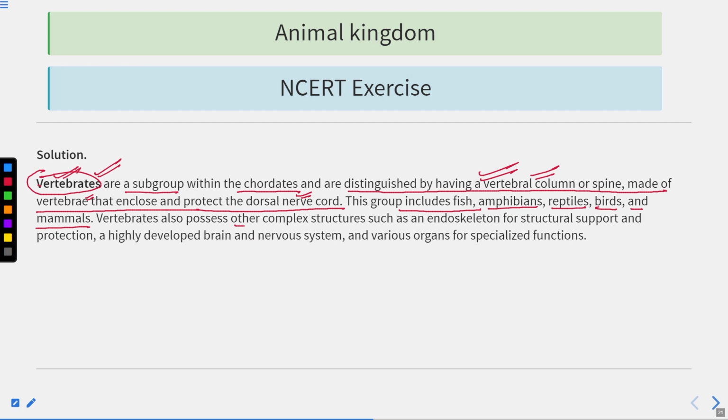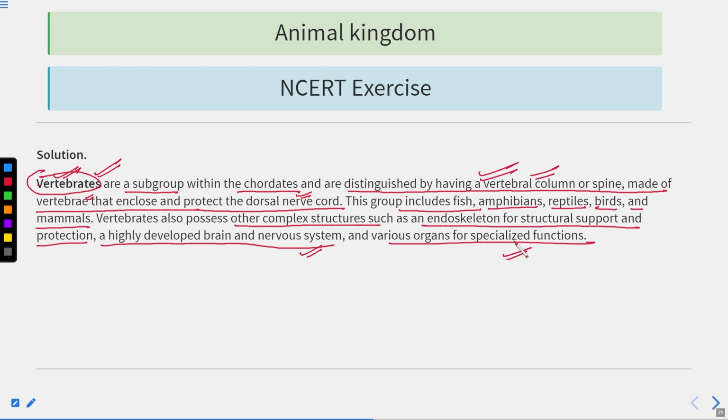Vertebrates also possess other complex structures, such as an endoskeleton for structural support and protection, a highly developed brain and nervous system, and various organs for specialized functions. These features are not present in all the chordates, but they are present in vertebrates, which are a part of chordates. Vertebrates belong to chordates, but there are also hemichordates, right?